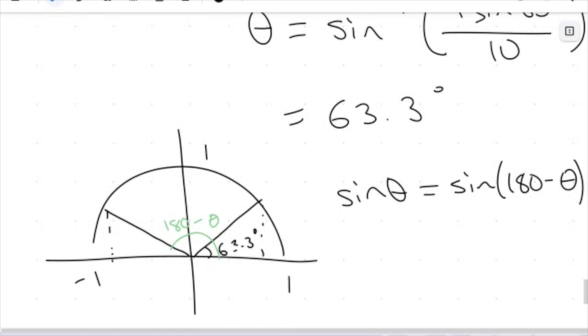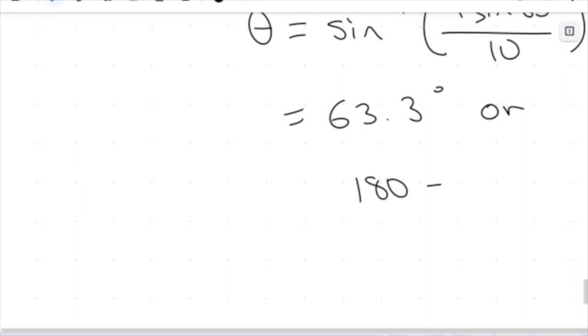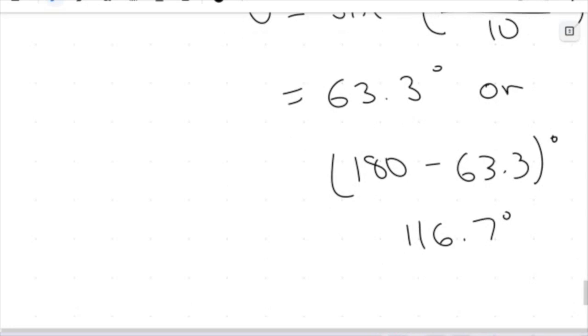As a result, we can say that not only can this angle be 63 degrees, and this depends on the triangle, of course, and we're going to see why this is relevant for this particular question, we can say this is 63.3 degrees or 180 minus 63.3 degrees, or in other words, 116.7 degrees.